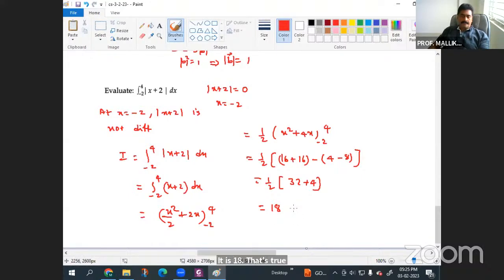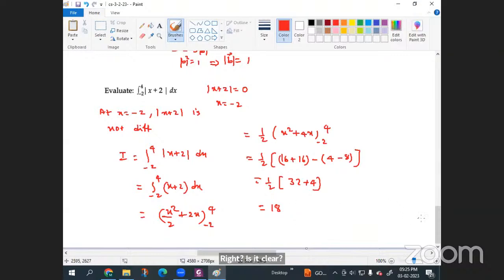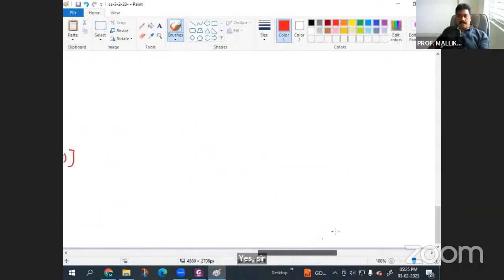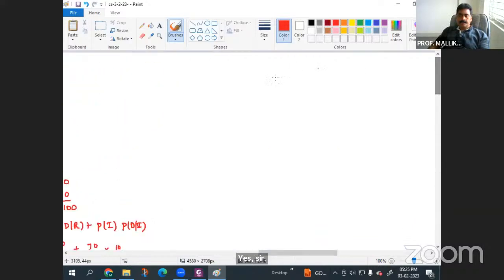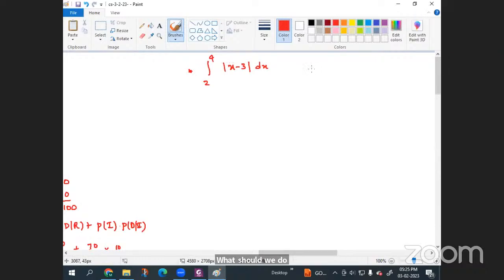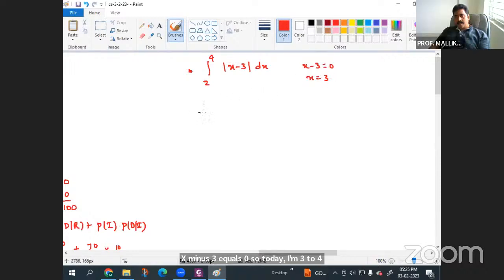Right? Is it clear? Yes, sir. Now, I'll ask one more question. Integral of 2 to 4 of mod of x minus 3 dx. What should we do? x minus 3 equals 0, so x equal to 3. Now we have to break the interval at where? 3. Yes, sir.